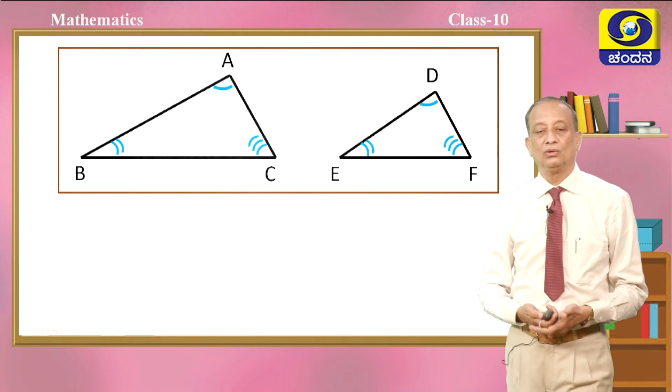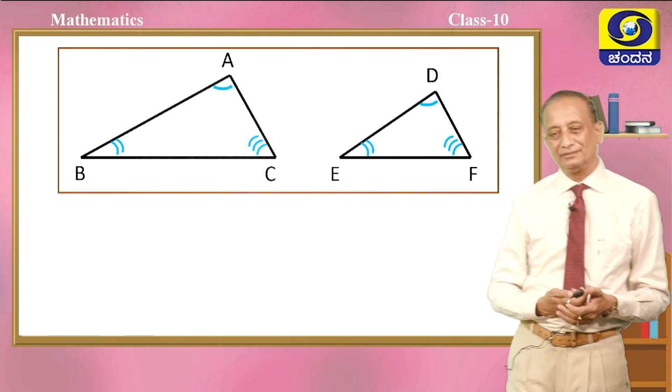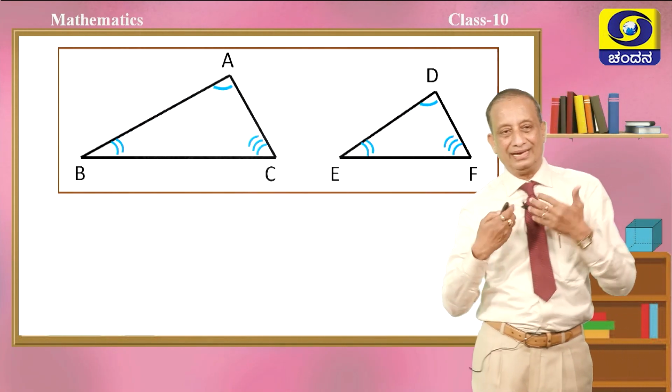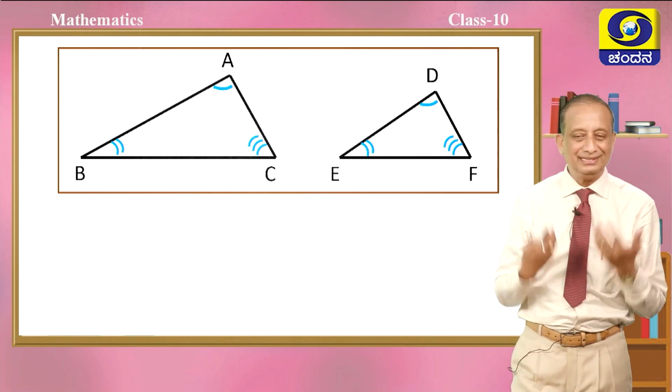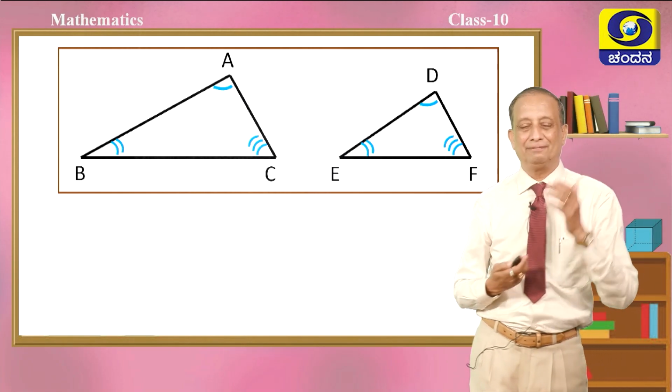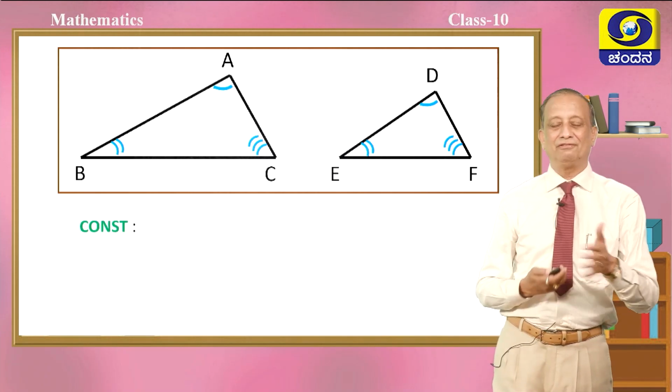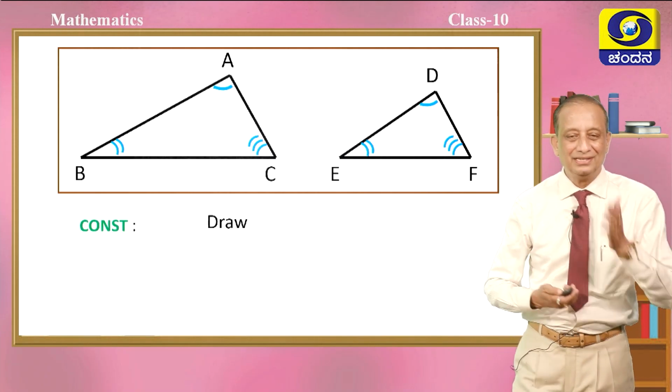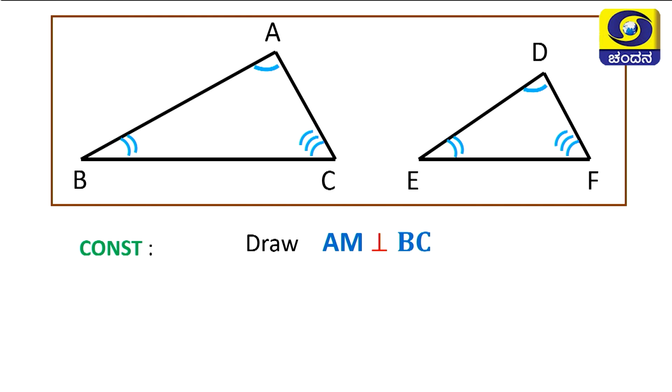Okay. So, how to prove this, children? If you want to calculate the area, you need the help of the altitudes, the perpendicular. So, we will make the following construction. Draw AM perpendicular to BC in broken lines.